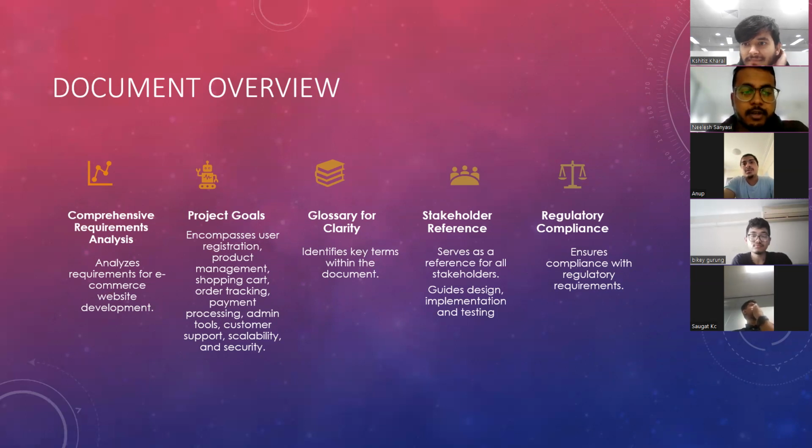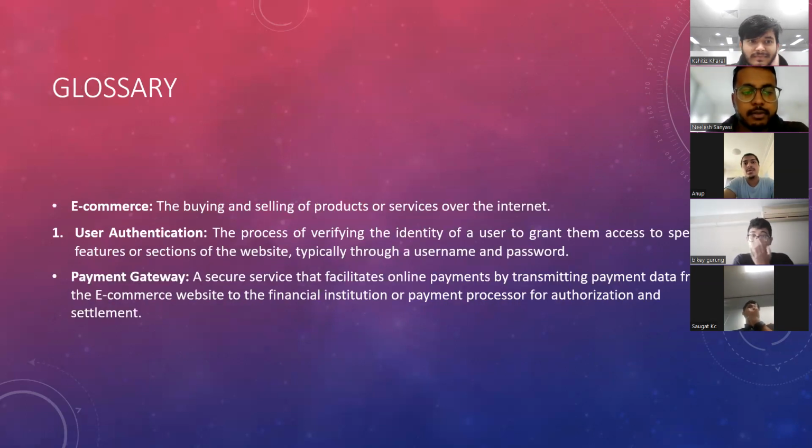We also have the glossary part of the project, where we have key terms to ensure clarity of the document. The document also serves as a reference for all stakeholders in the development process, guiding the design, implementation, and testing of an e-commerce website to meet regulatory requirements.